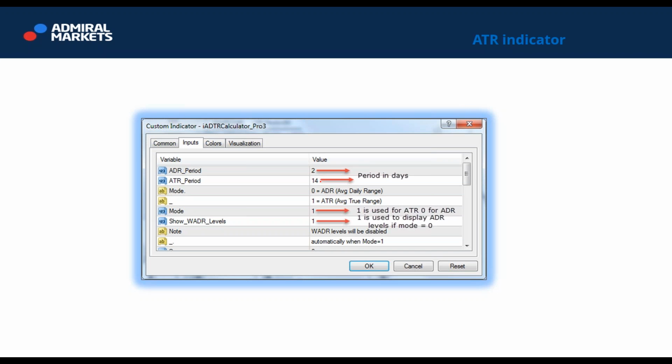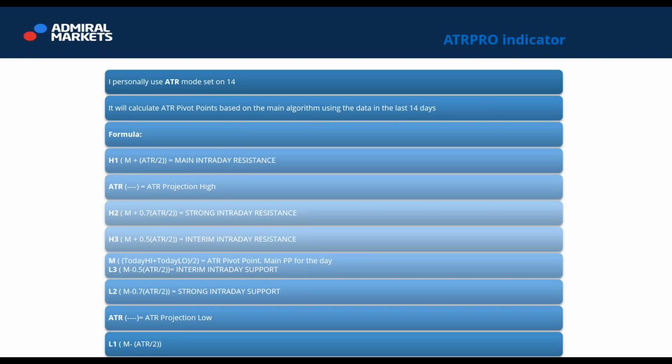But guys, I am focused on an ATR period of 14, and I use ATR. I don't use average daily range. I use ATR, okay? So those are the most important things that we use. And now I will give you a slight explanation of the ATR indicator.